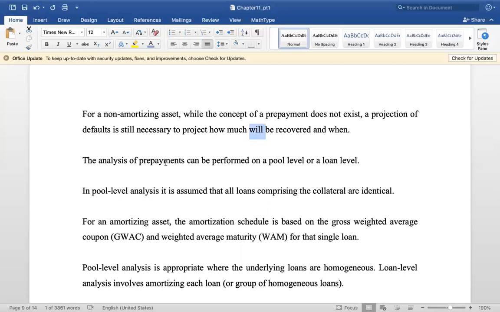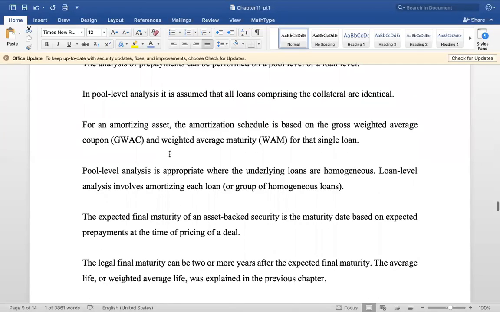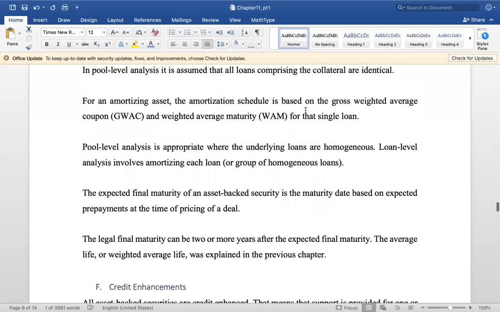The analysis of prepayments can be performed on a pool level or a loan level. A pool level analysis assumes that all loans comprising the collateral are identical, while on loan level you have to assume that they are different. For amortized assets, the amortization schedule is based on the gross weighted average coupon and the weighted average maturity for that single pool.